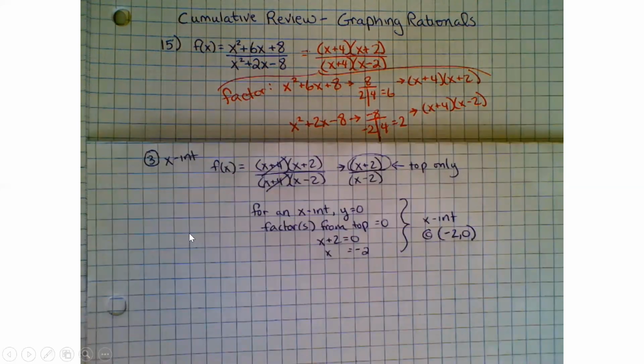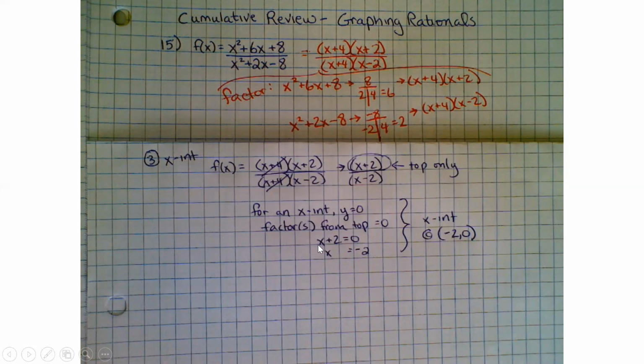All right, so we can also get the x-intercept from the factored form. The hole is the thing that's on both top and bottom. The vertical asymptote is on the bottom only. The x-intercept is whatever's left on top, because for an x-intercept, y equals 0. This function equals 0 if the top of the fraction equals 0.